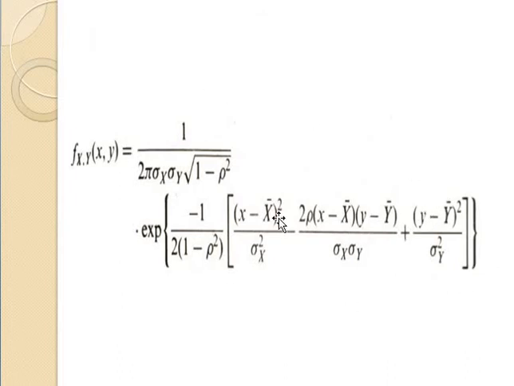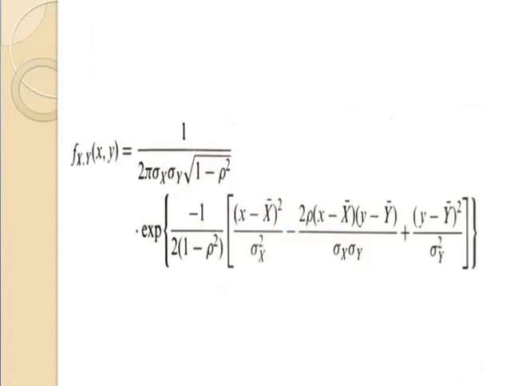We know that this expression is used to say that X and Y are jointly Gaussian if their density function is in this form.